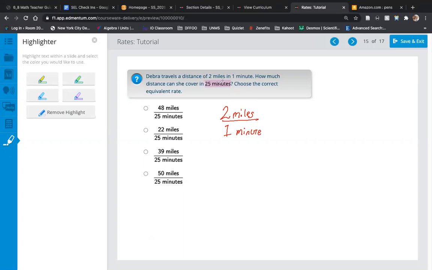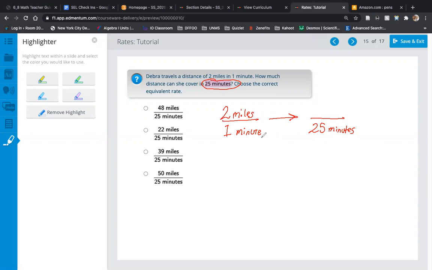So it's asking us how much can she travel in 25 minutes. So this ratio is going to turn into some number of miles divided by 25 minutes, right? So again, we always work with multiplication.